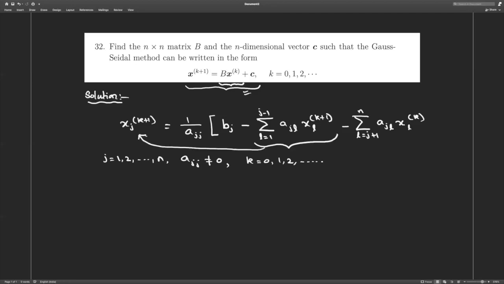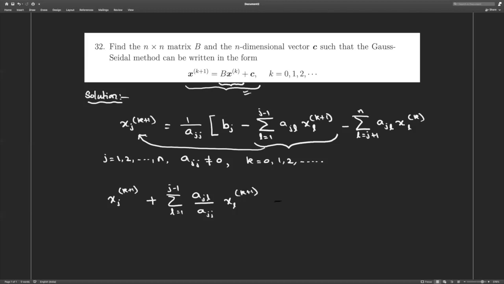So what we do is we will bring these terms to the left hand side and write x j of k plus 1 plus sigma l equal to 1 to j minus 1 a jl divided by a jj x l of k plus 1, right?